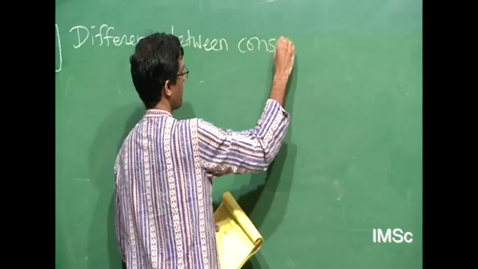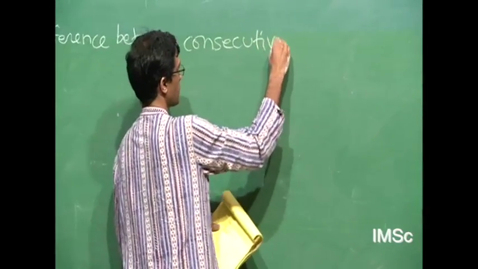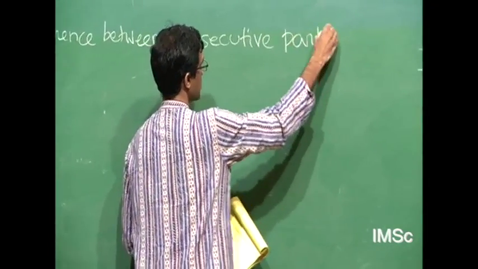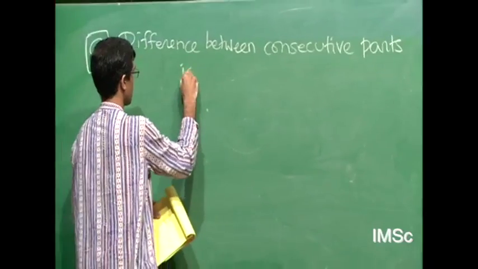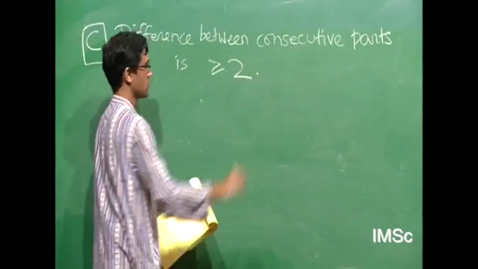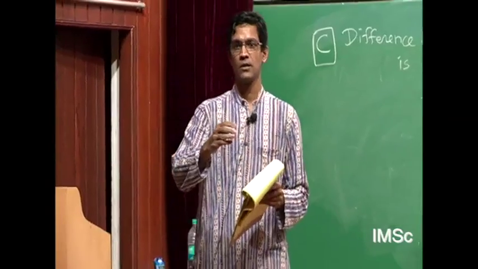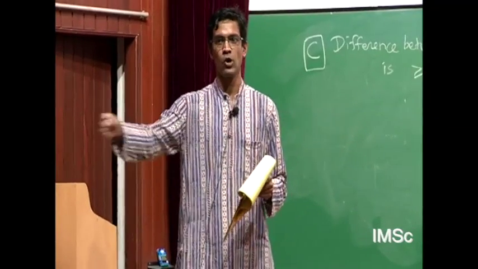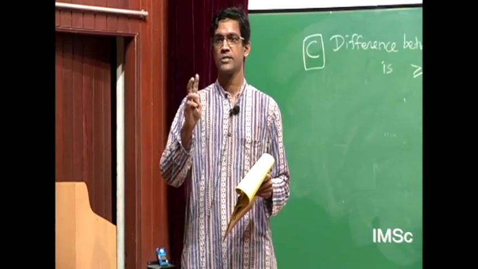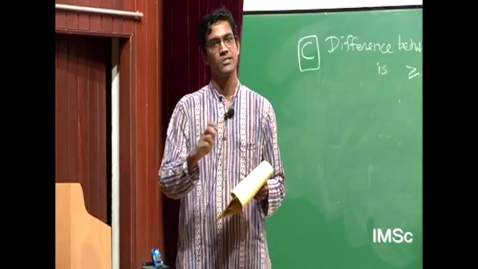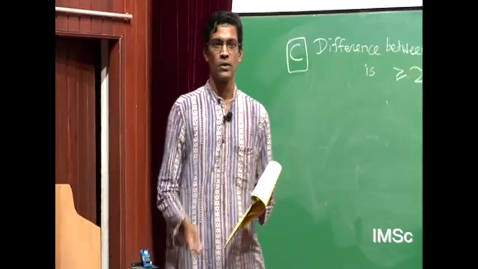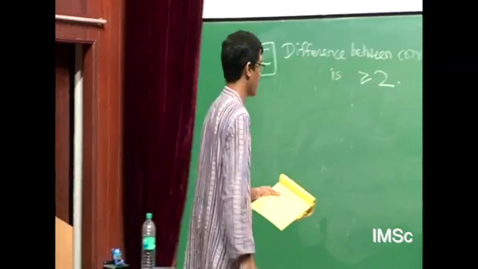By consecutive, I mean I've arranged them in decreasing order. Difference between consecutive parts is at least 2. Okay, so if 6 is one of the parts, the one after it has to be 4 or less. I'm not allowed to take 6, 6 or 6, 5 as my numbers in a partition. Okay, difference should be at least 2 between 2 parts.